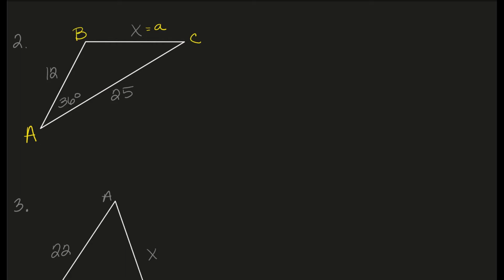So just know that across from angle B will be leg B, and across from angle C will be leg C. So I'm going to rewrite our rule just so we can get practice memorizing that. That would be a squared equals b squared plus c squared minus 2 times b times c times the cosine of angle A.